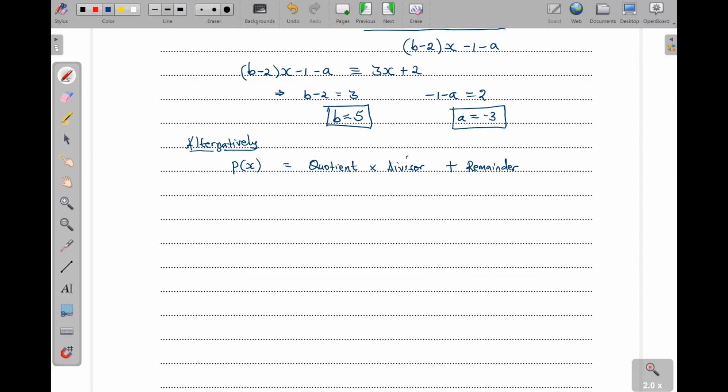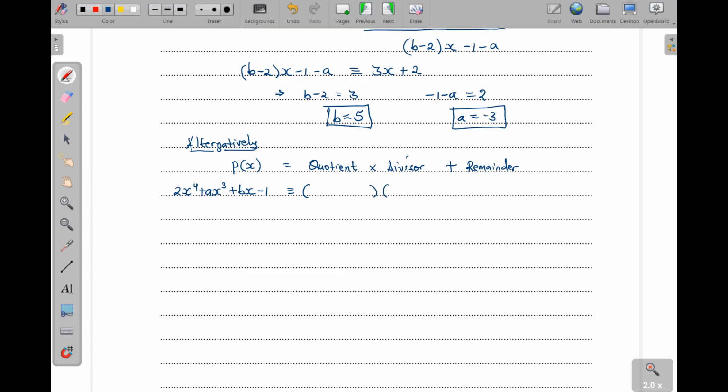Now, our polynomial is 2x power 4, then plus ax power 3, plus bx minus 1. The quotient, we don't know it.